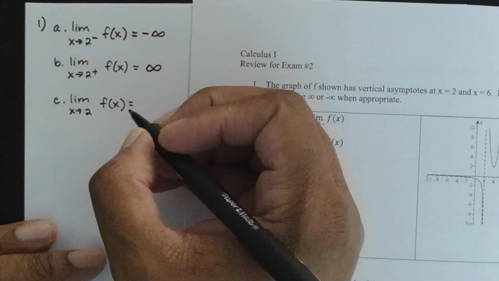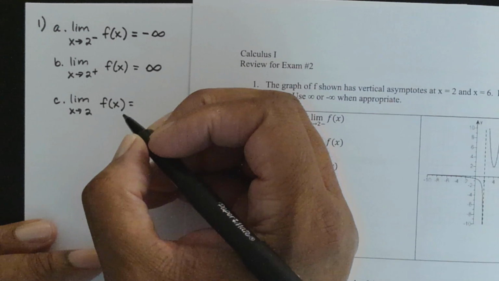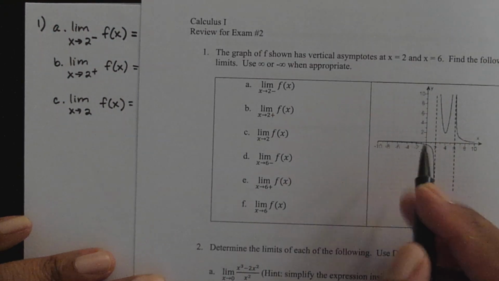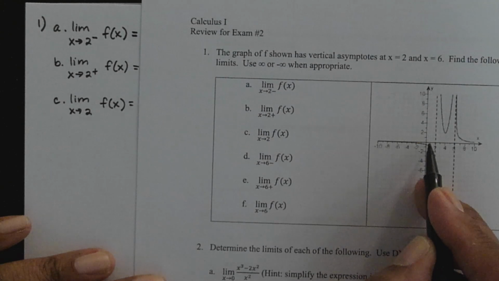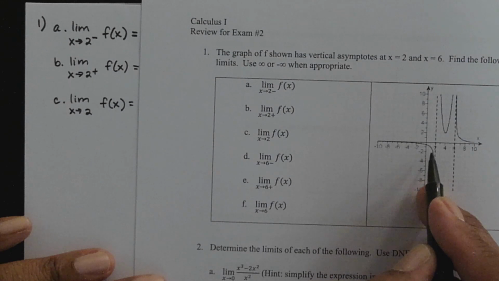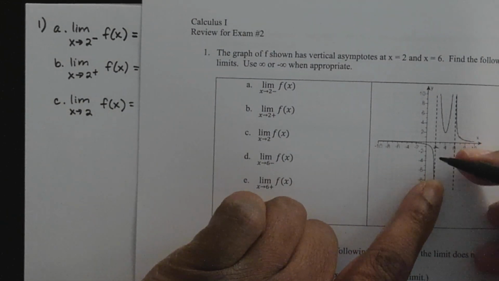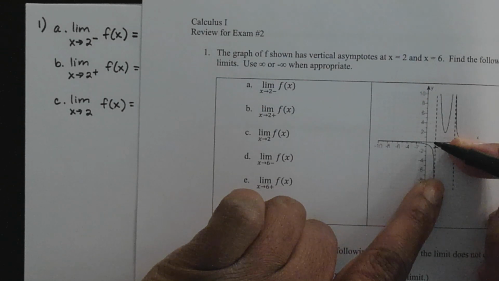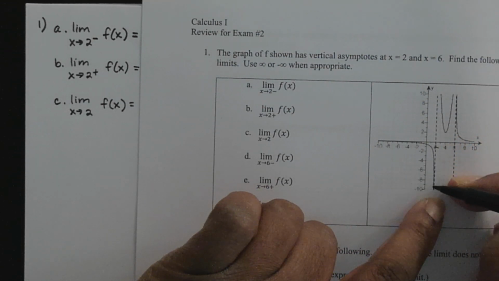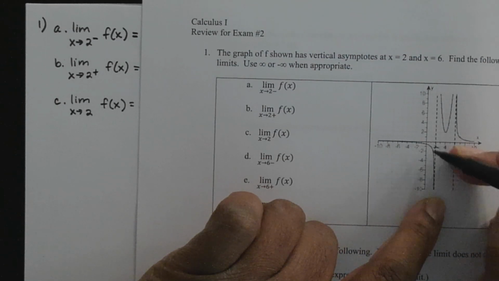I'm sorry, I'm just trying to visualize that on the graph, and I'm just lost. Okay, here it is to the left of 2. Here's positive 2 on the x-axis, right? Yeah, on the x-axis. Yeah, because if you follow the graph, if you come from the left of 2, right here, this graph is going down to negative infinity, going in the downward direction.